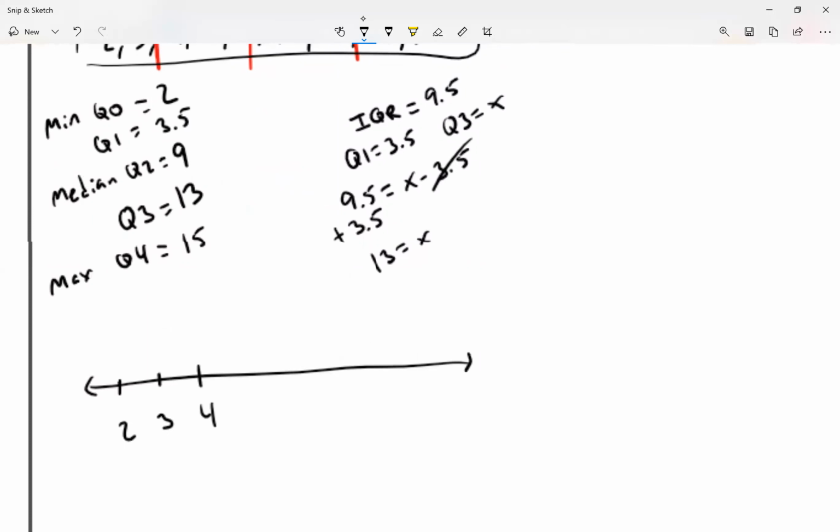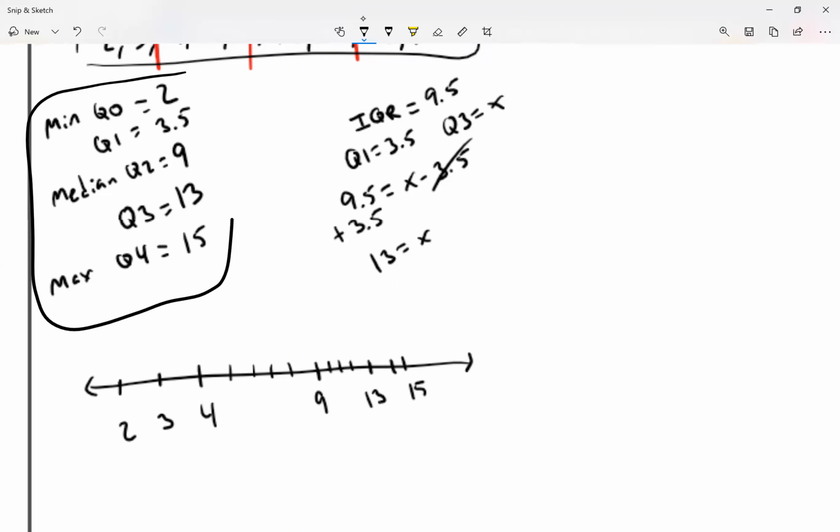Right, 3.5 is right in between 3 and 4. There's 5, 6, 7, 8, 9. I need 9. Let's see, 10, 11, 12. I need 13. And then I need 15. Now the numbers that I need are the numbers from my list. And what I mean list is this one. Those are the numbers that I need.